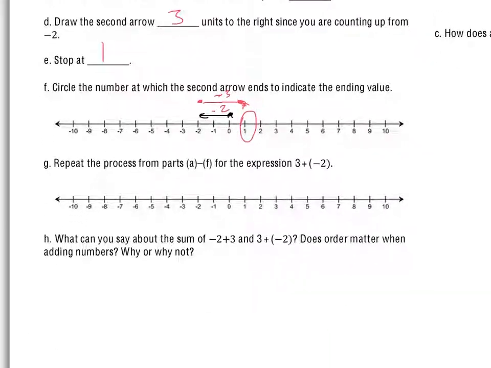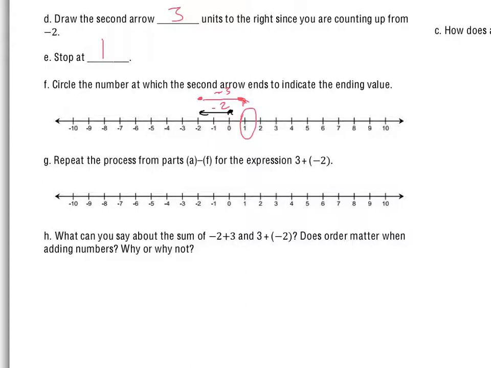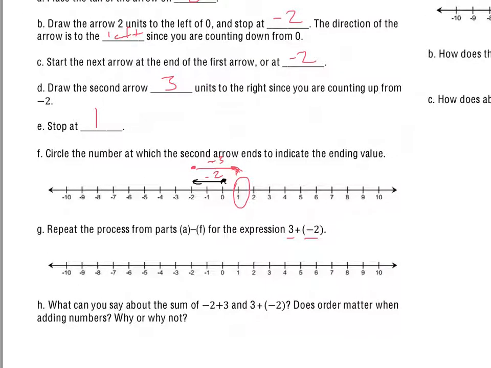So I'm going to do the same thing here for 3, negative 2. Please go ahead and show me what that would look like as an arrow diagram on your own. Okay, so again, we're starting at 0.